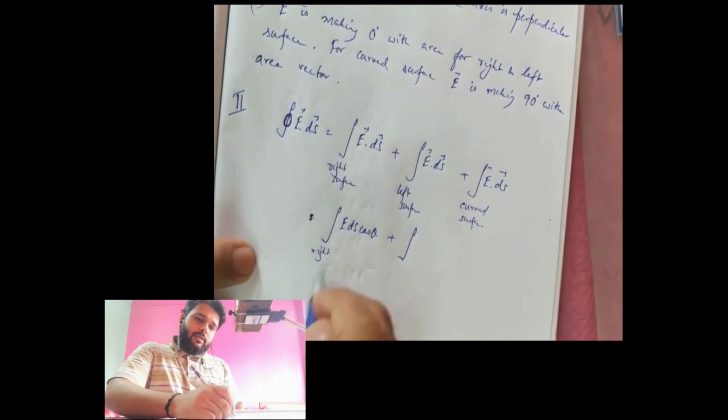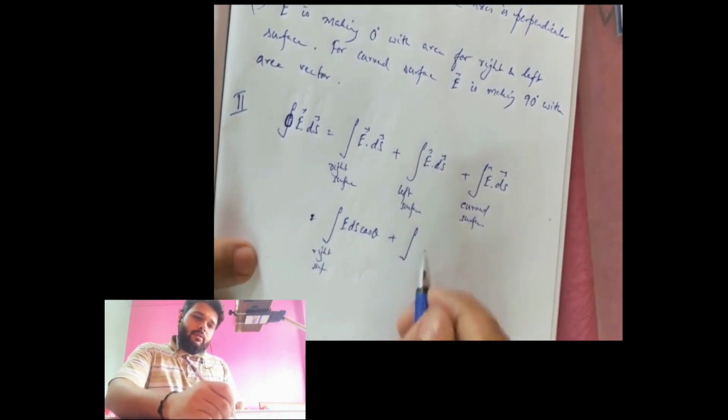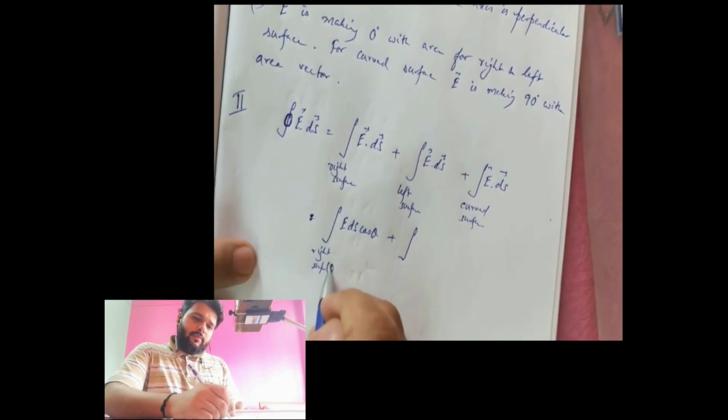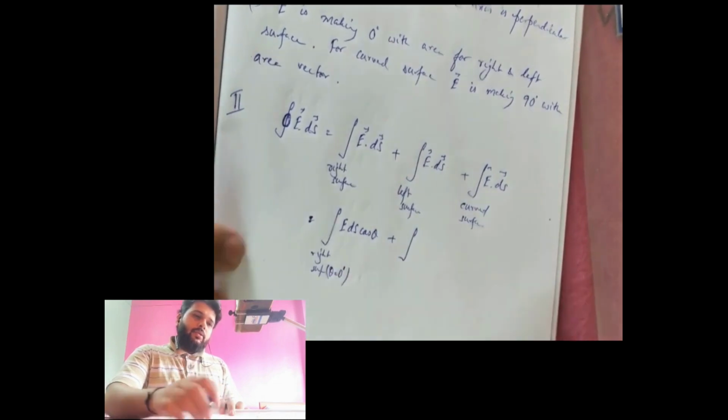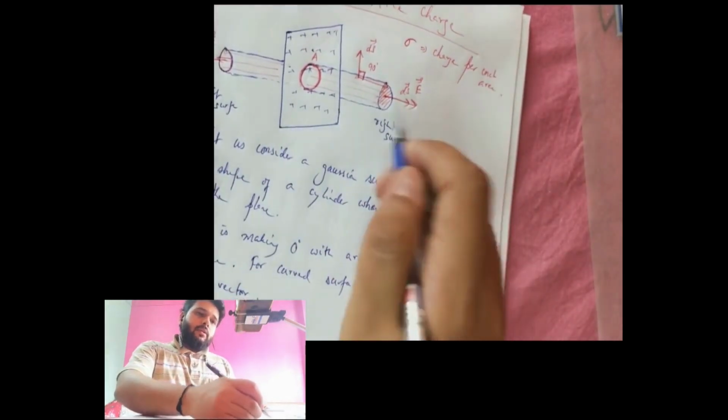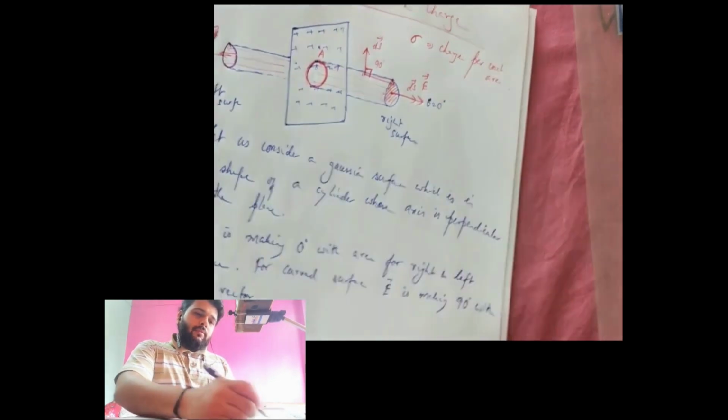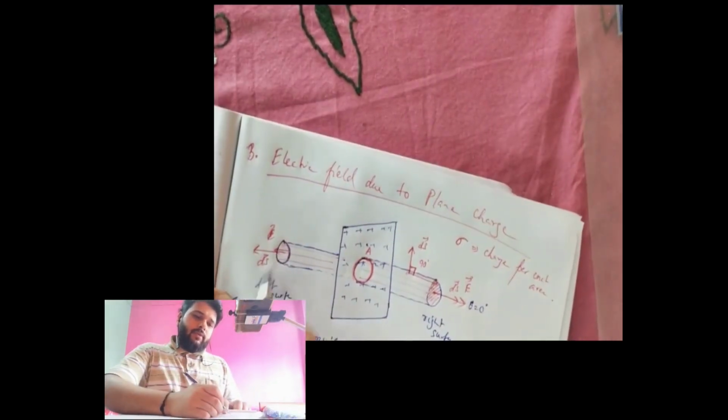For the right surface theta is 0 degrees, as we have seen. Again, for the left surface the electric field and area vector are along the same line, so theta is 0 degrees.